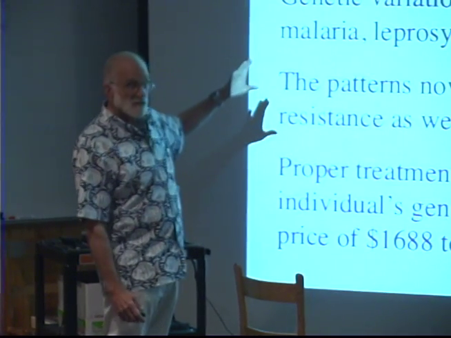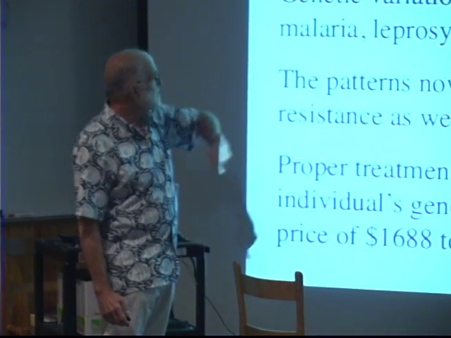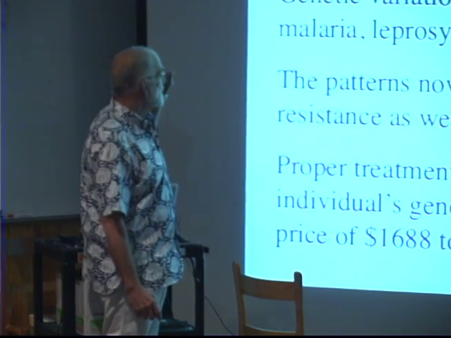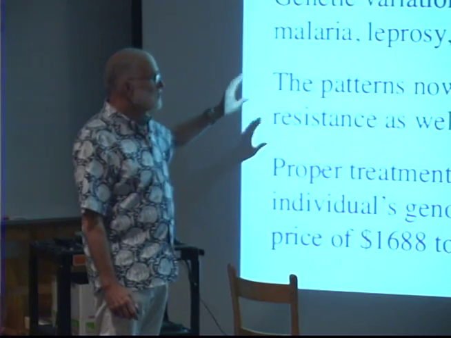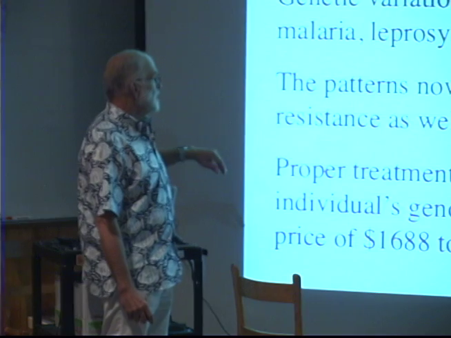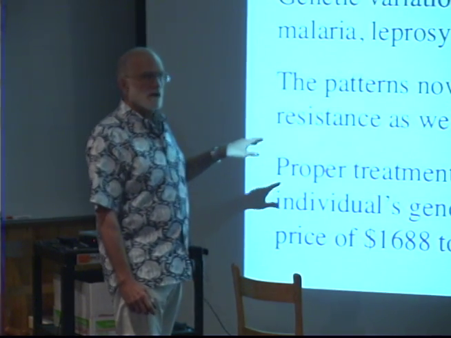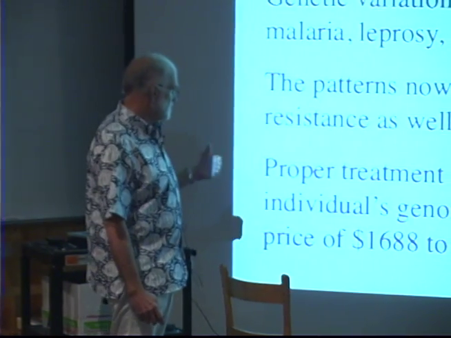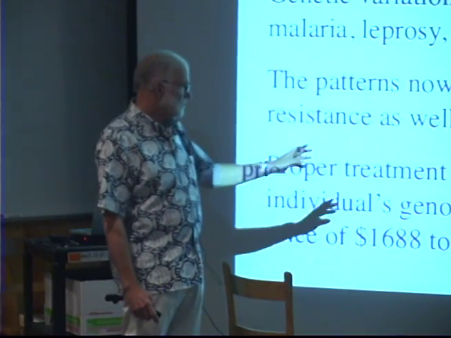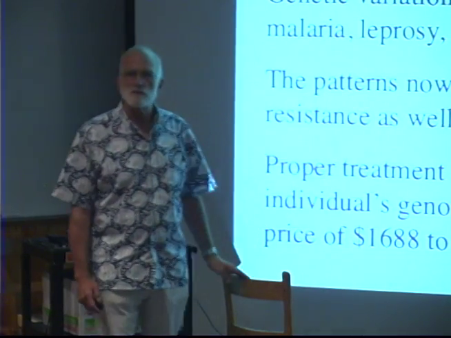We have identified genetic variants for resistance to malaria, leprosy, HIV, typhoid, and TB. The patterns we now see could have been produced by a loss of resistance as well as by its acquisition. And proper treatment is going to require very precise determination of individual genomic state. So the company that is charging $16.88 is Otogenetics. You can look them up on the web.